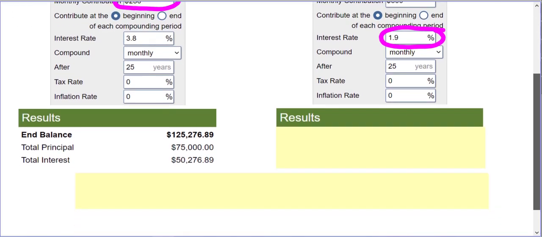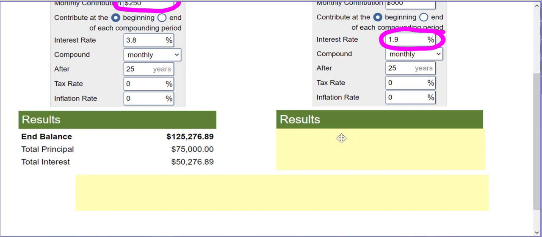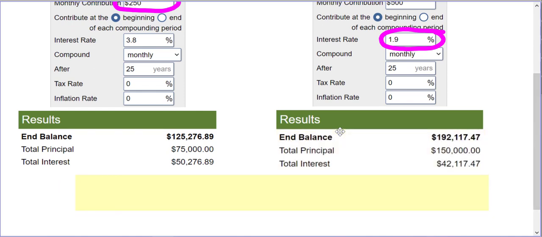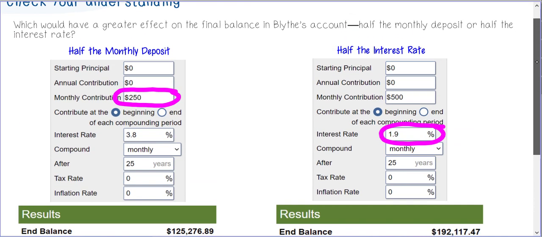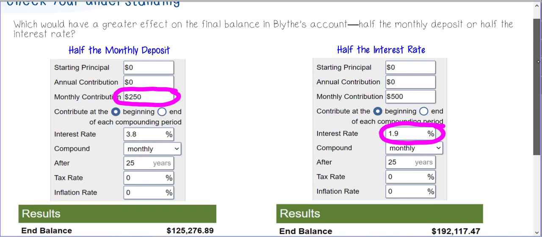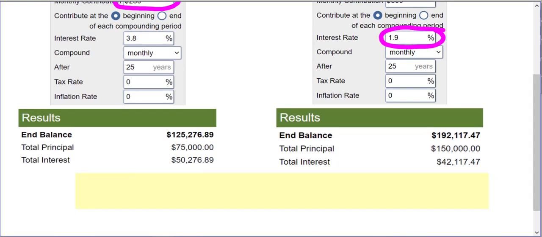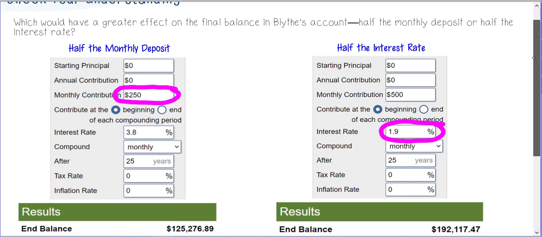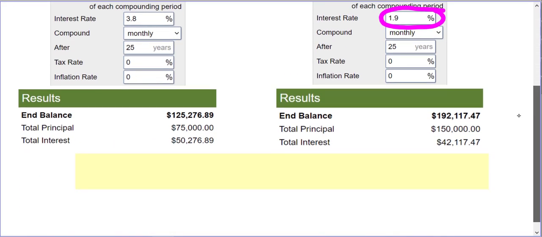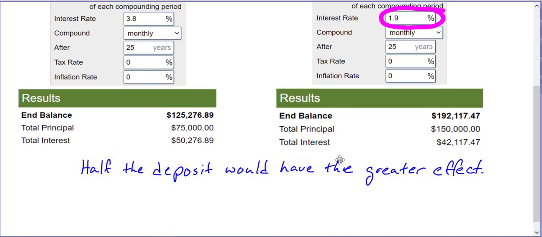As a result, her end balance was $192,000. If we compare the two, they want to know which would have a greater effect on the final balance. Remember, the left is half the monthly deposit, the right is half the interest rate. So half the deposit would have the greater effect by her not getting quite as much.